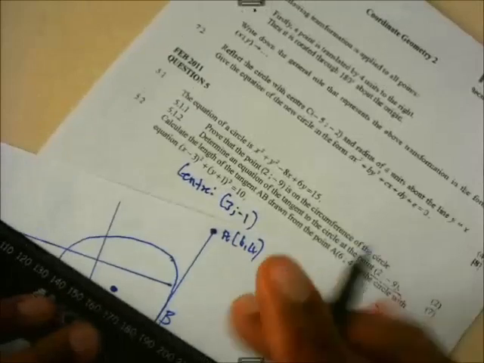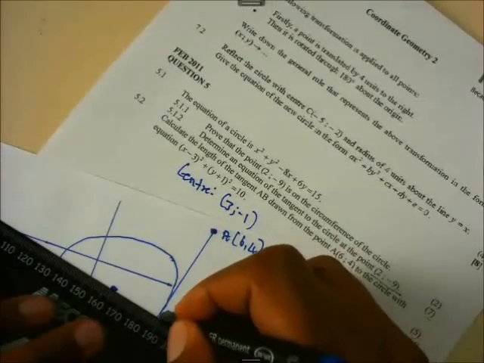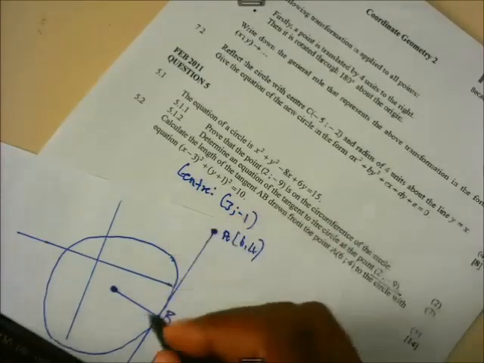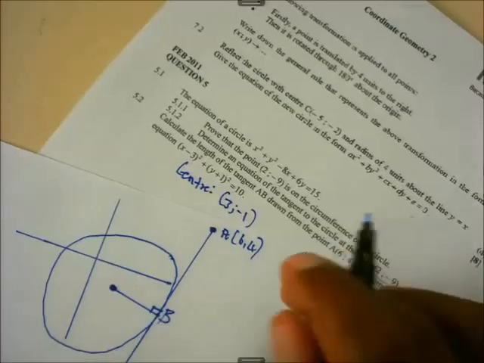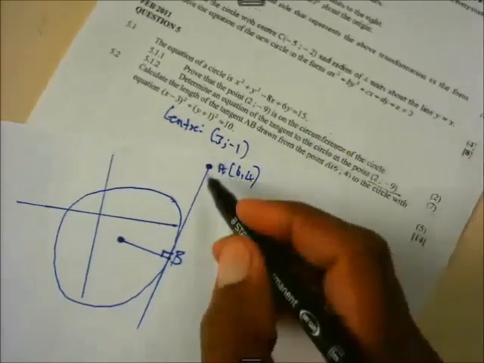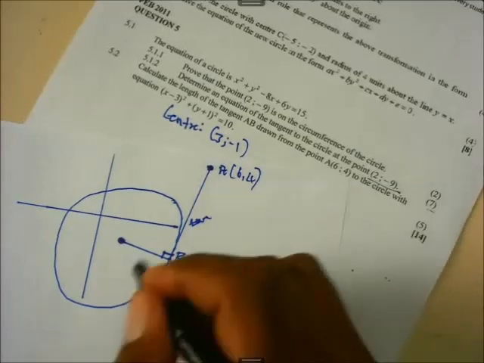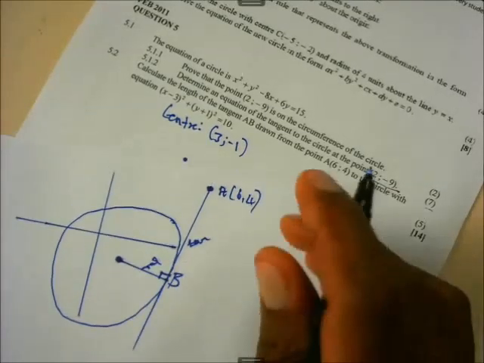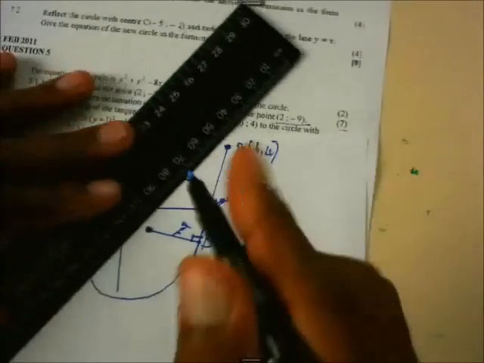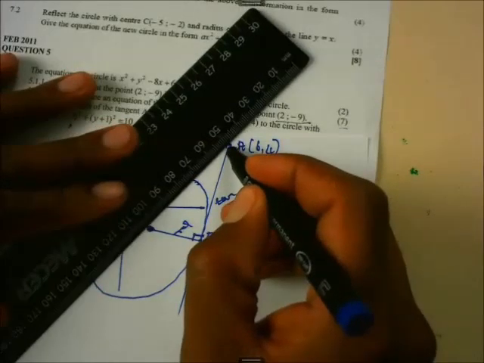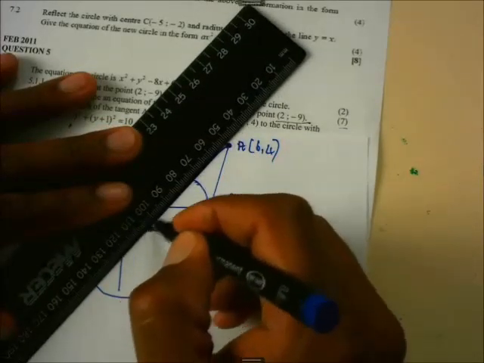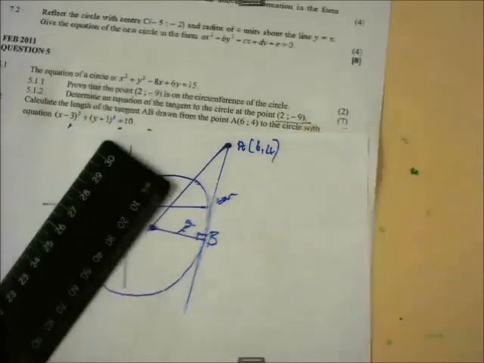Remember, it is perpendicular. If I draw this, we have 90 degrees here. Why 90 degrees? Because the tangent is perpendicular to the radius. Now I can join this one, and I have a right angle triangle.